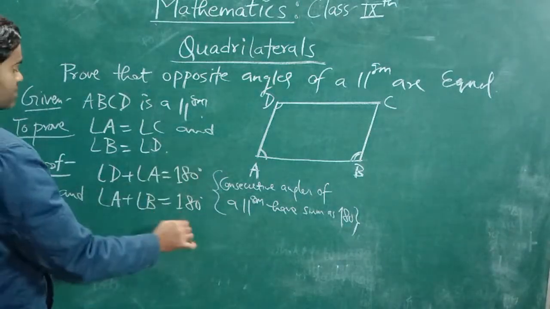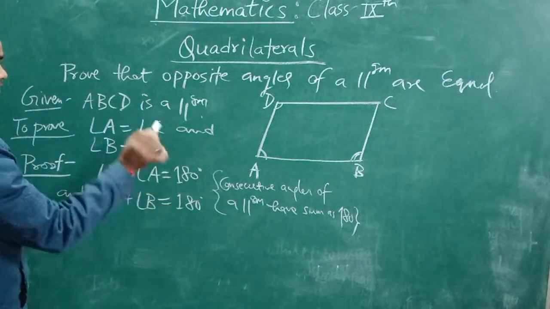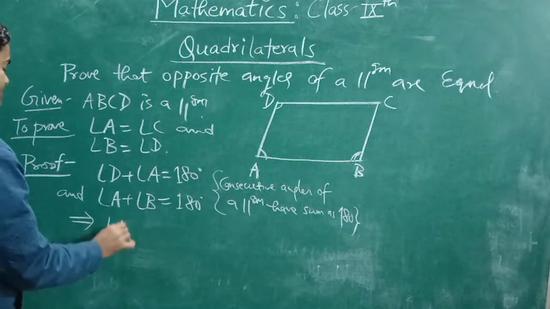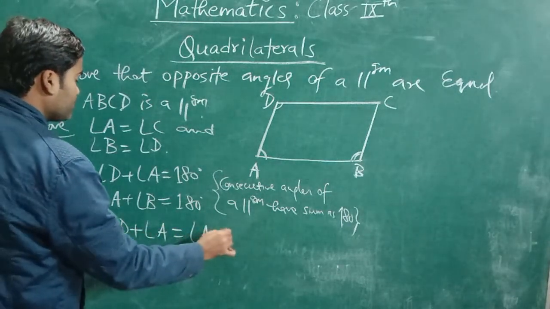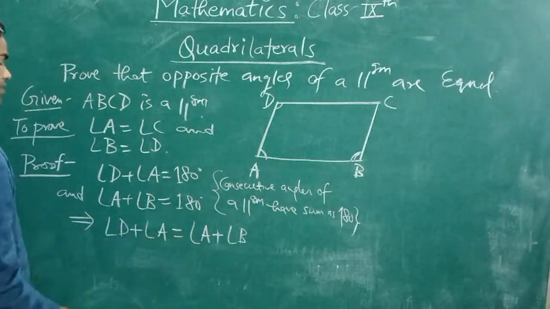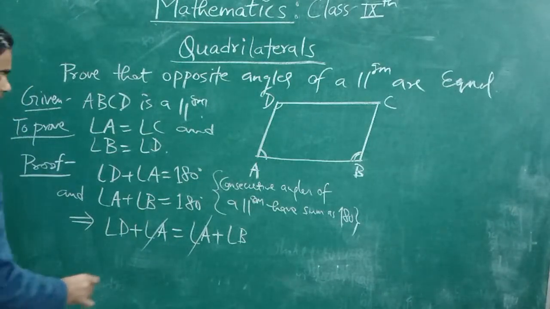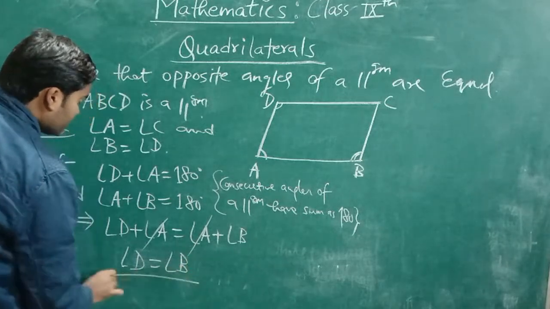By these two equations, the RHS is 180 and 180, so it will imply that D plus A is equal to A plus B. A and A cancelled. Angle D will be equal to angle B.